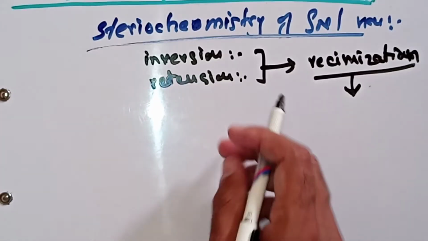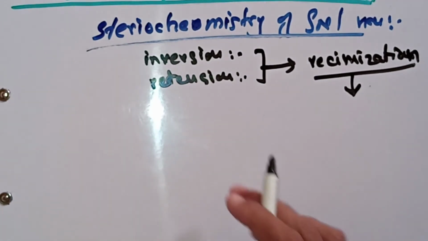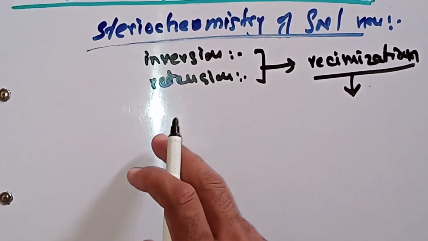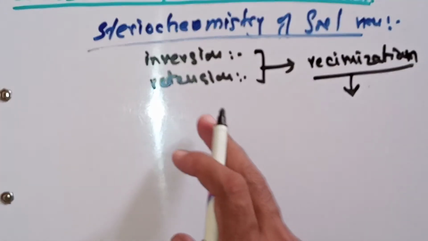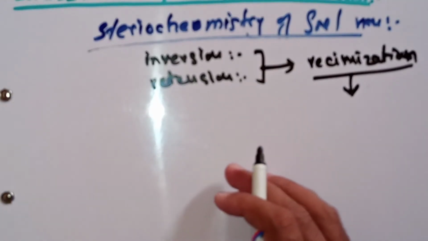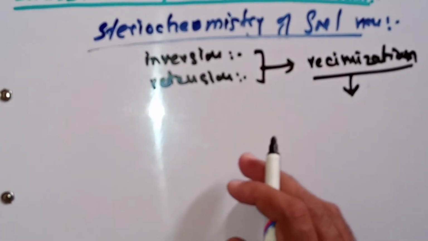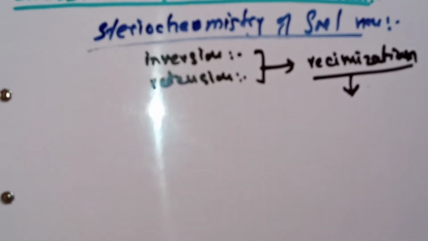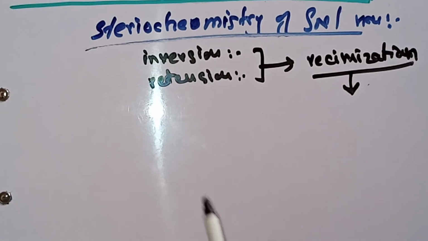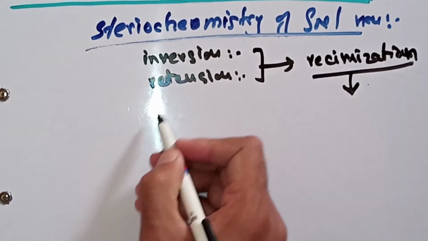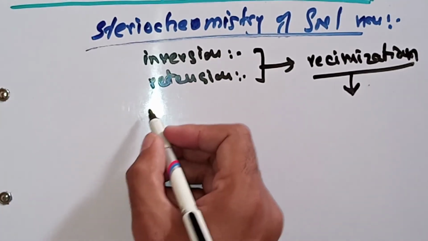Retention and inversion products have different configurations: one has a clockwise configuration and the other has an anti-clockwise configuration. So when these products are equal in number, they make a racemic mixture. These two are also enantiomers of each other.